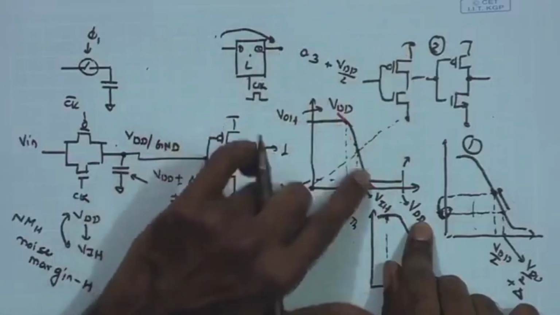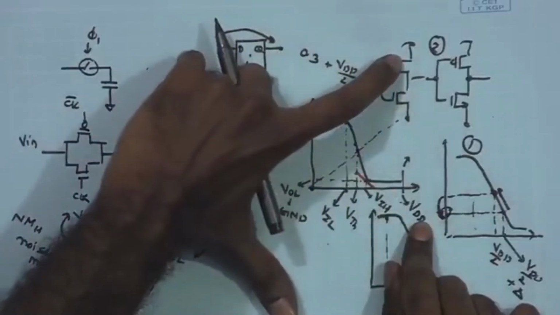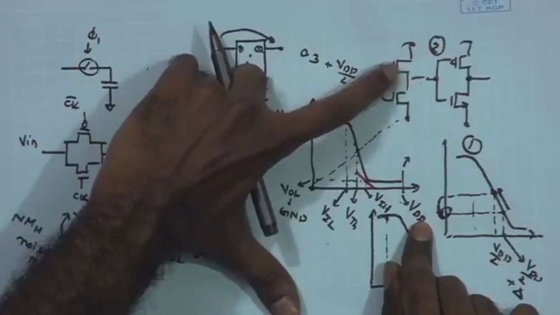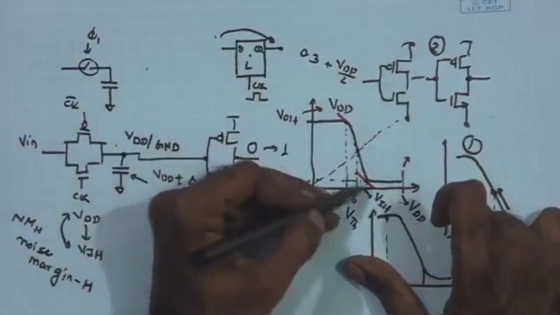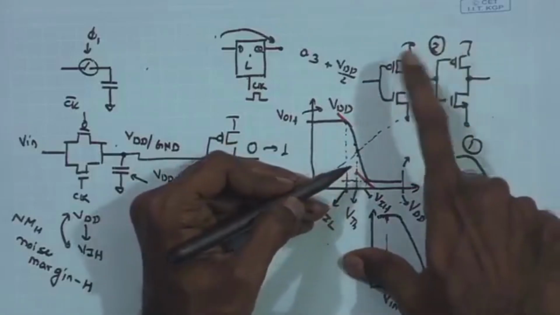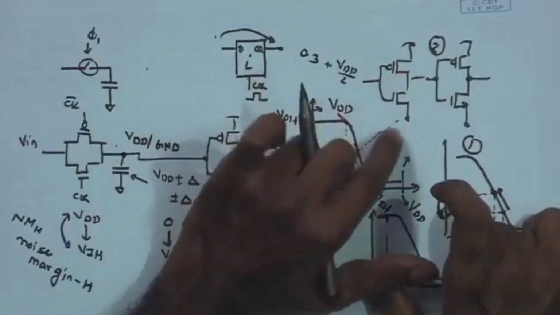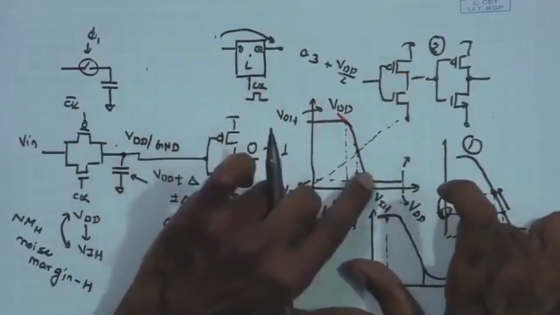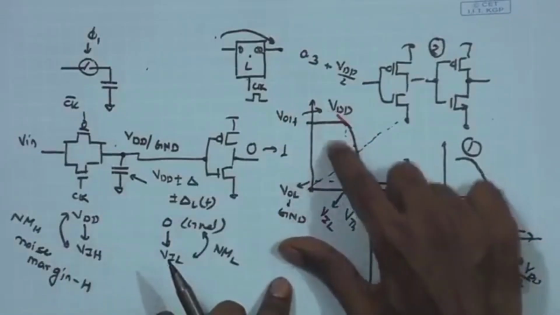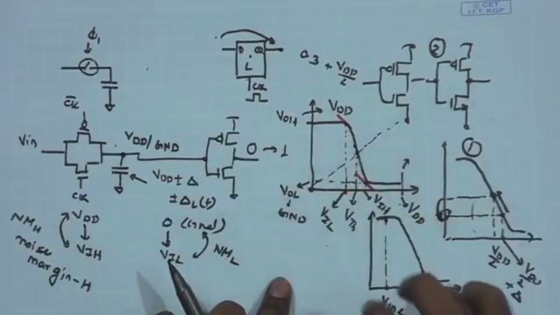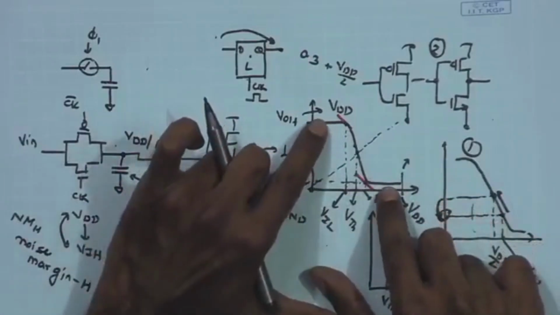end up having different characteristics because of the mismatch, or deviation in the transistor parameters, like the VT or the W by L of NMOS and PMOS. As we have seen, if you change the W by L of NMOS PMOS, the characteristics can shift depending upon the drive capability of PMOS or NMOS. So, in general, those characteristics, VT, W by L of these MOSFETs, will affect this slope or this transition region, and hence this slope can vary with the device parameters, and therefore, in order to keep sufficient margin, of course, we will have some limit.